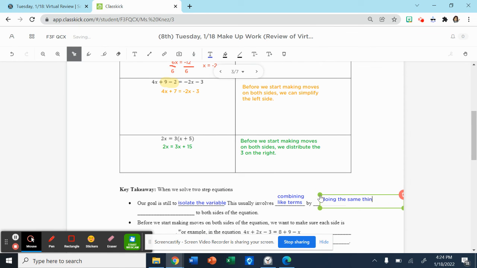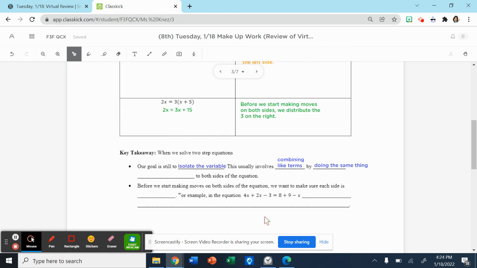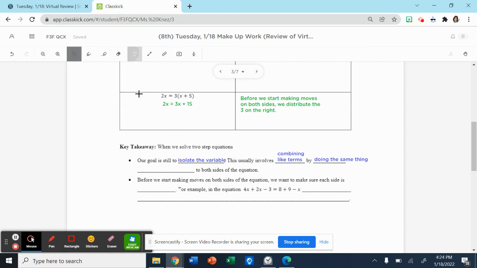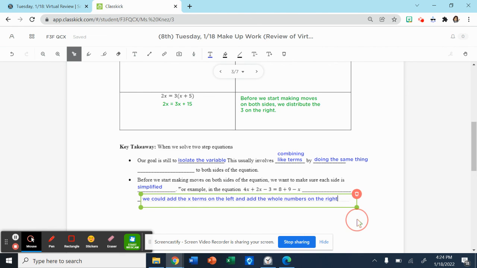Before we start making moves on both sides of the equation, we want to make sure that both sides are simplified. For example, in this long equation that I've put here, we could add the x terms on the left and add the whole numbers on the right before we even start solving the equation. Those are some of the things we could do just to simplify.